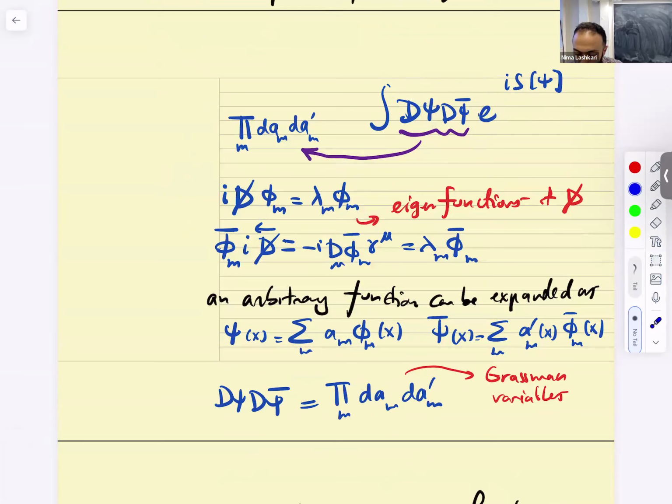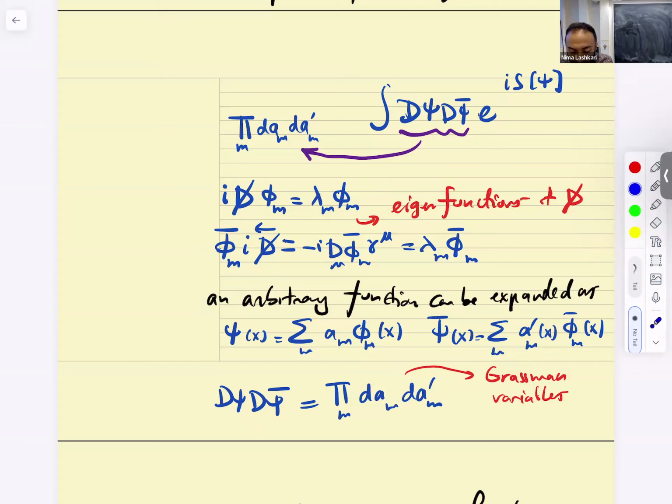Well, if you want to think about the measure, you could take your fermionic fields and expand them in terms of the solutions of the Dirac equation. You look at orthonormal eigenfunctions of the Dirac operator, and you expand in terms of those. These a_m and a prime_m are anti-commuting, they're Grassmann variables.